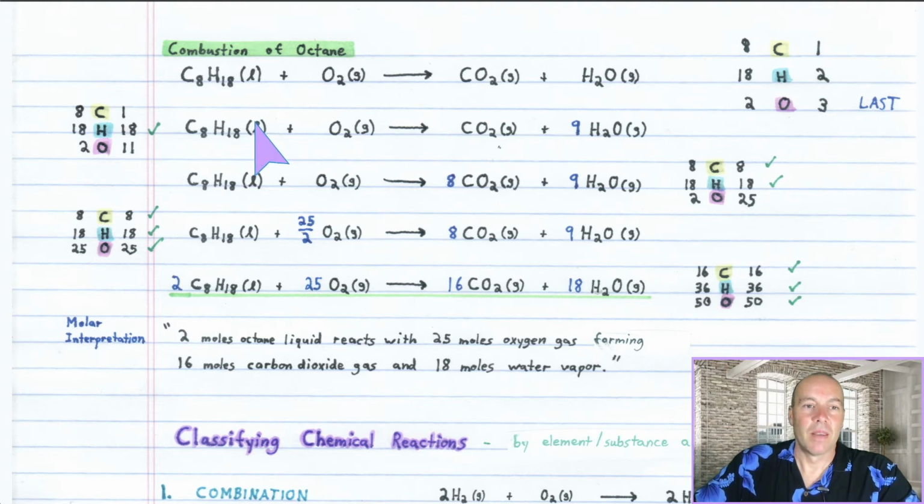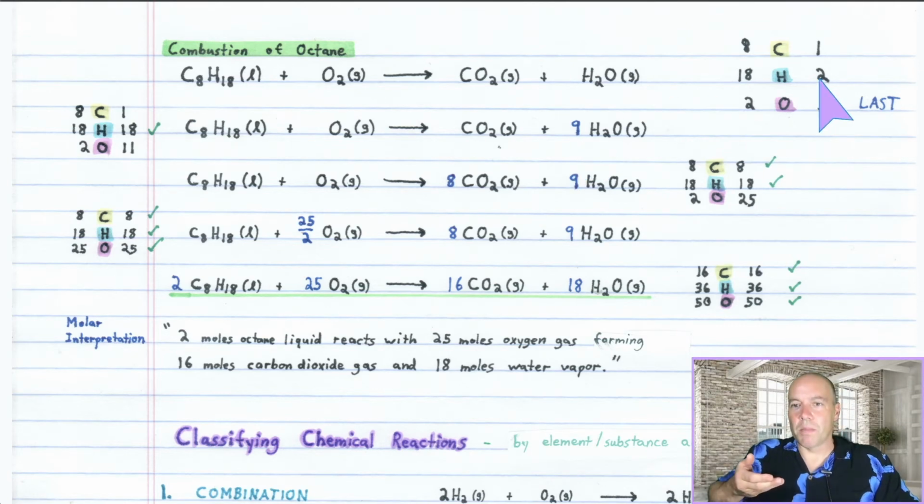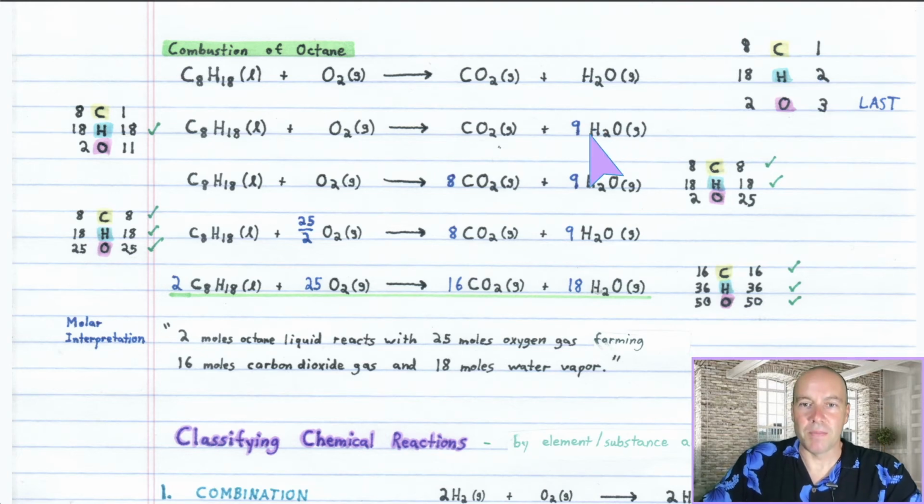And you cannot change the identity of the substance. Oh, did I say we're balancing the carbons first? No, here we're going to balance the hydrogens first. Okay. So we're going to bring the 2 up to match 18.